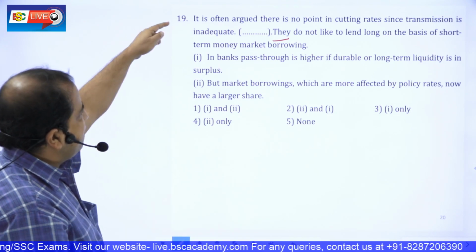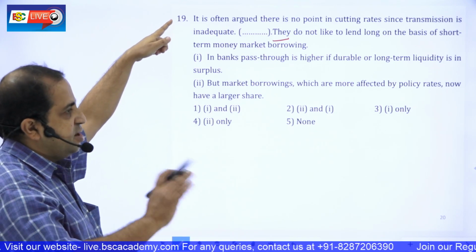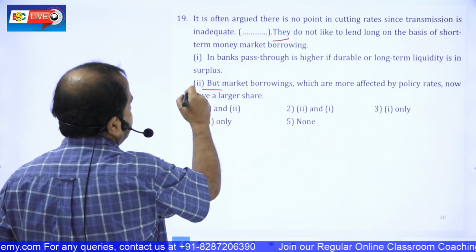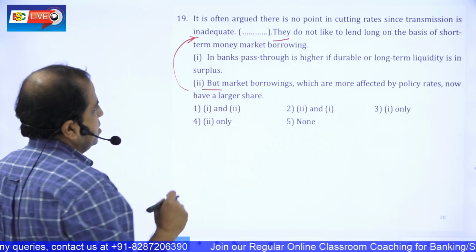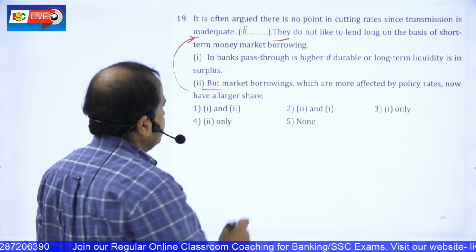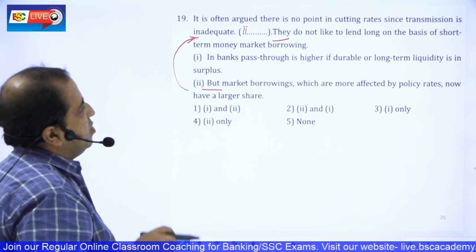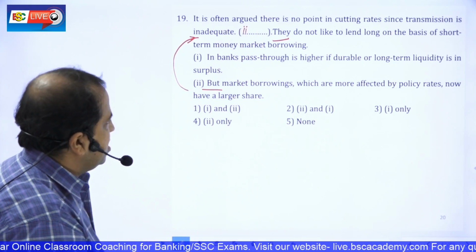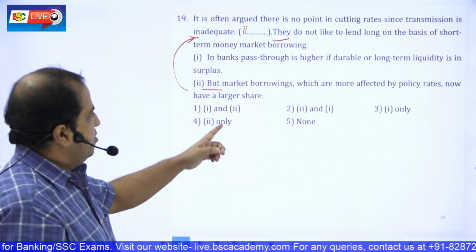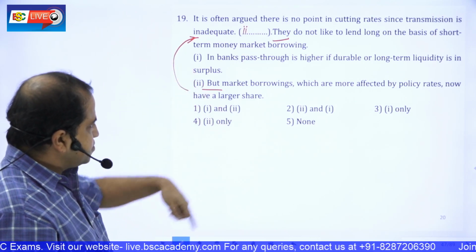So it is often argued there is no point in doing this. But this 'but' links it from here. So this becomes 2 again. But market borrowings, which are more affected by policy rates, now have a larger share. So there is a point. First it said there is no point, then proved that but there is a point.